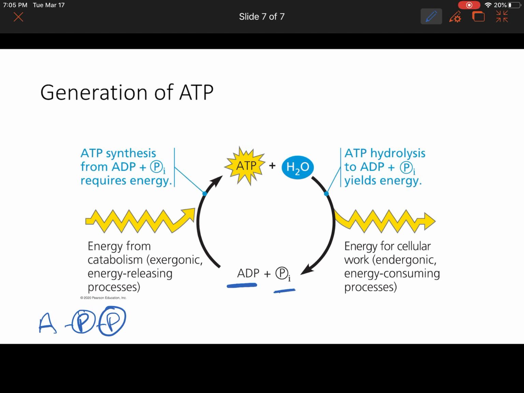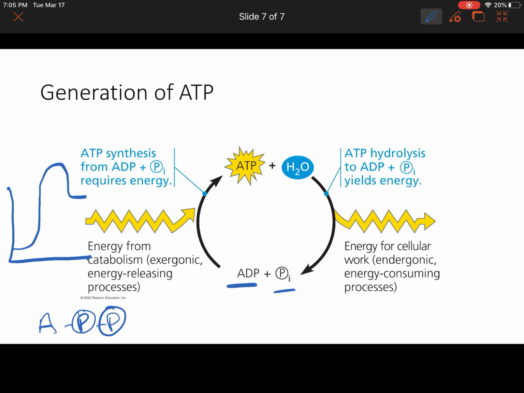Di means two, so adenosine diphosphate. The cell can take that phosphate group and ADP and reform ATP. But the formation, or the synthesis, of ATP is a highly endergonic reaction.